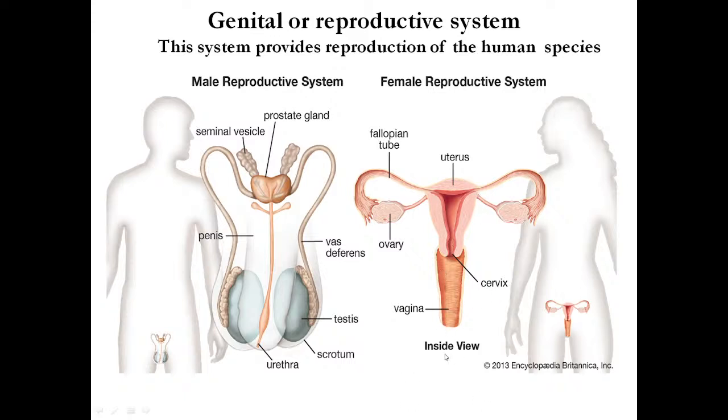This is the cervix, vagina. You see this is the testis and scrotum. What do you see? Vas deferens and other, prostate gland, the seminal vesicle, and the penis and other structures. This is the genital or reproductive system, a human system.